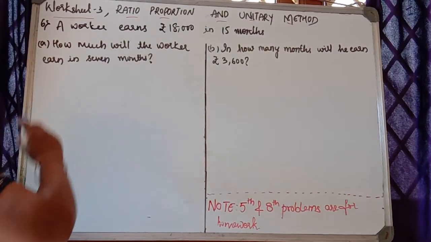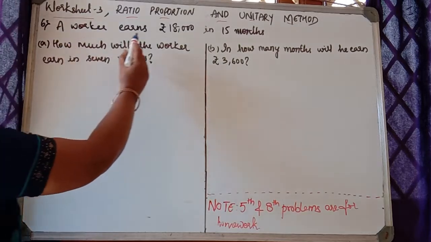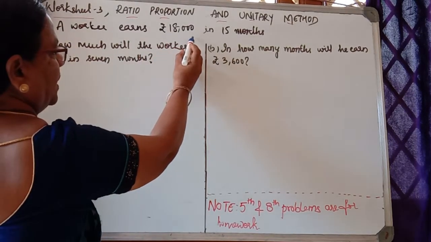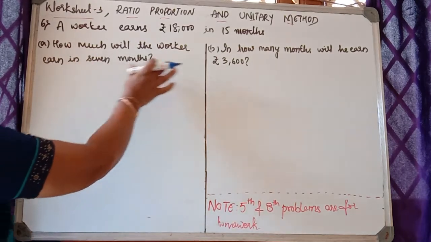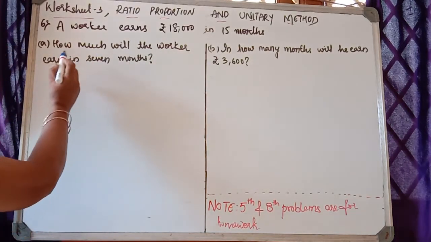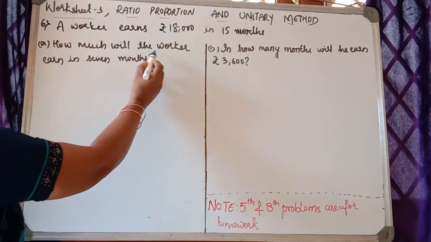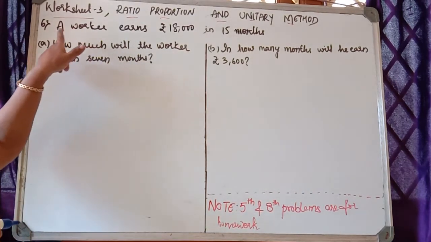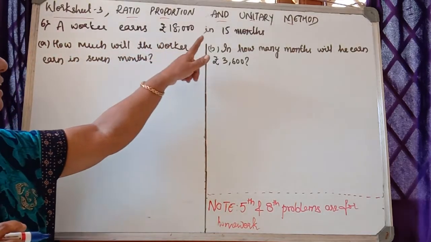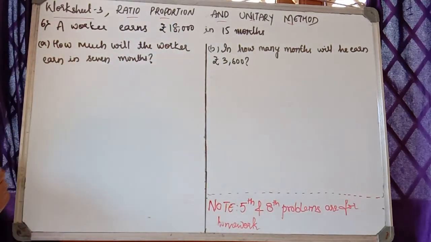Now we are going to solve the 6th sum. A worker earns rupees 18,000 in 15 months. Under this there are 2 sums. In the first sum, how much will the worker earn in 7 months? What is the question given? A worker earns rupees 18,000 in 15 months.